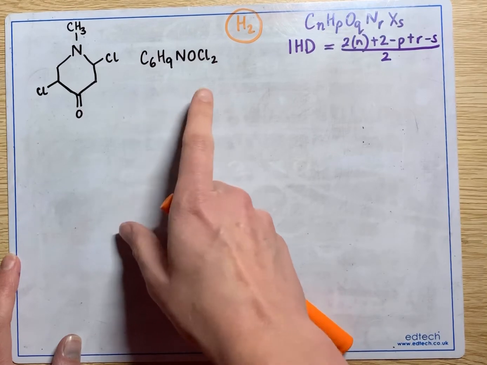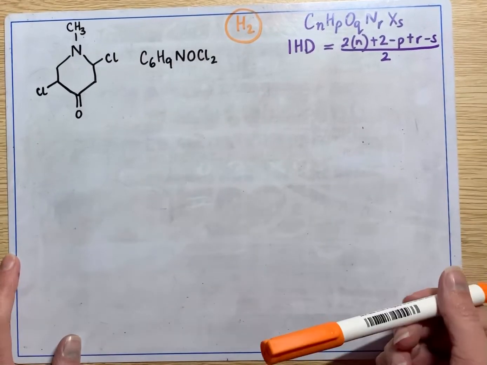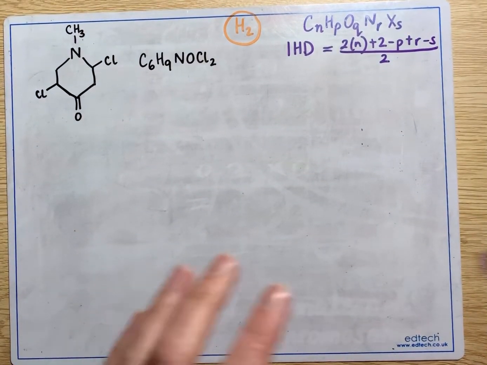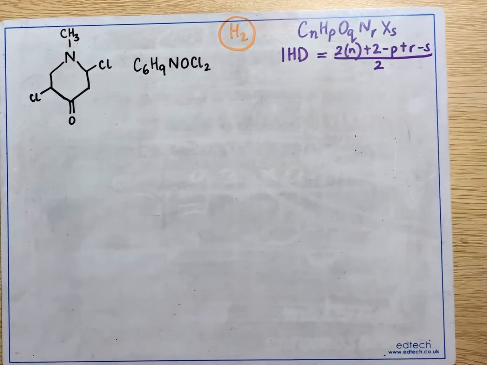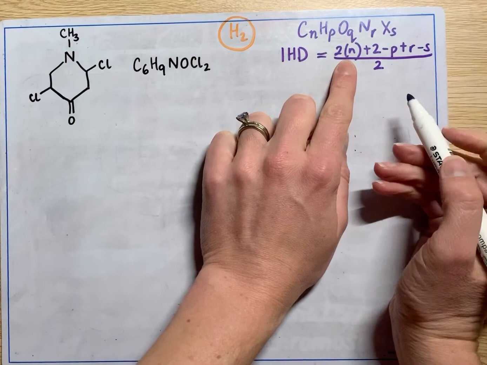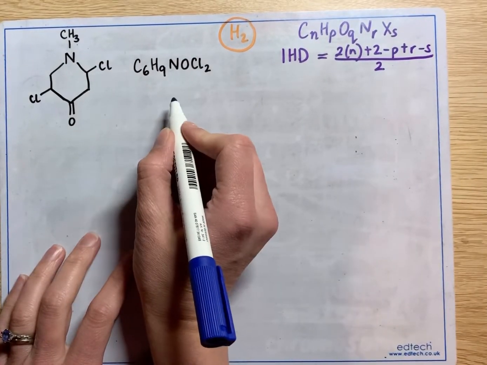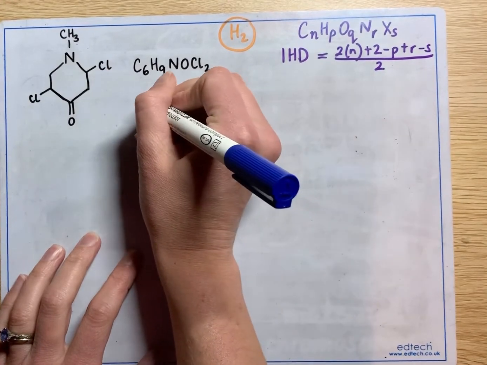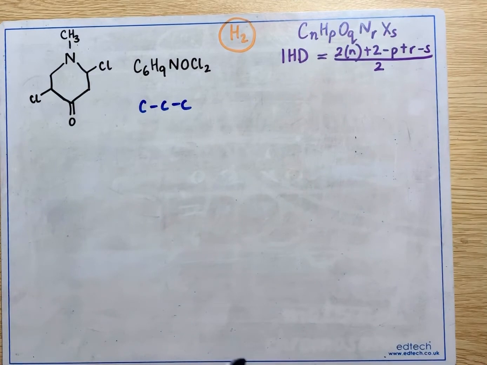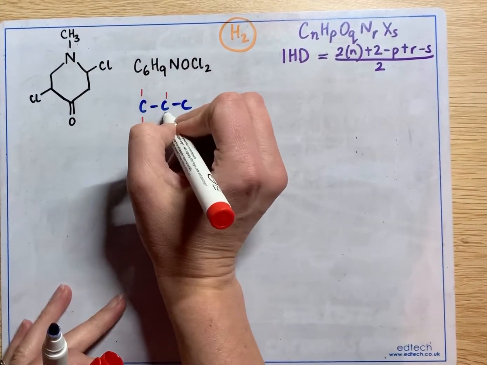And we will be seeing if we saturated it, so every possible bond could be filled with hydrogen, how many we would need. So we get this formula over here. Now, if we look at how that's derived, we can see that 2 for N for every carbon, because if we were going to make this into something non-cyclic, then of course any carbons connected like this have the potential to have 2 hydrogens each on either side.